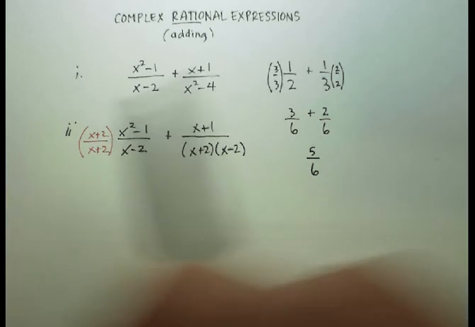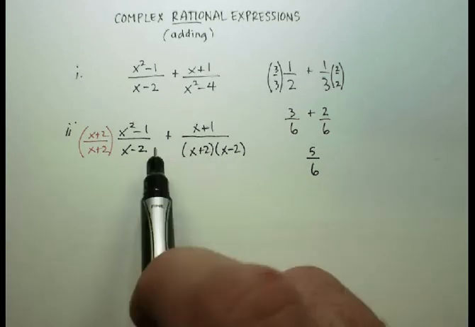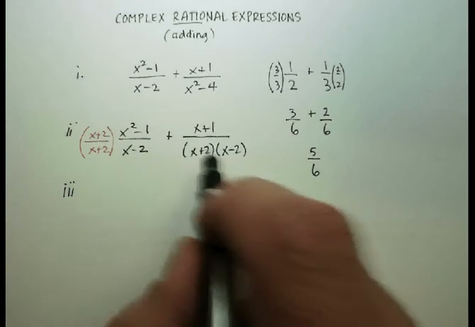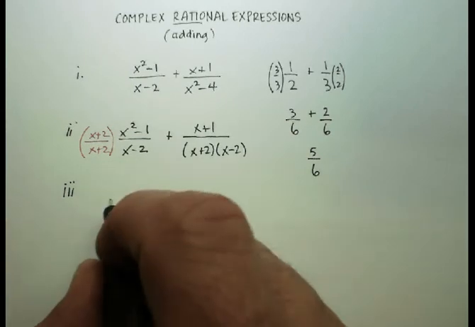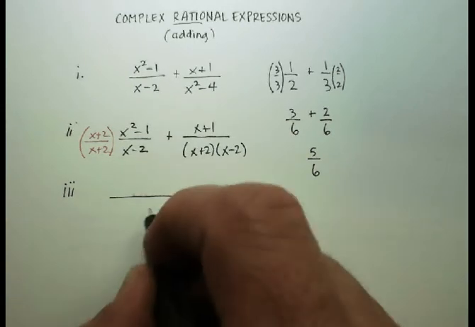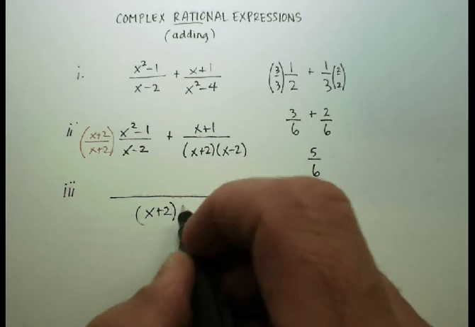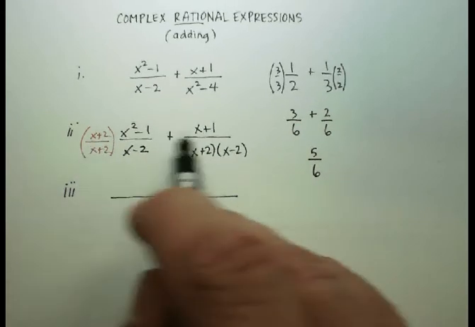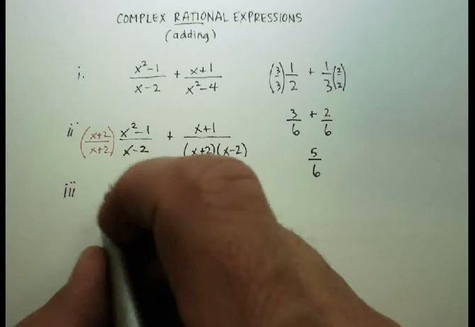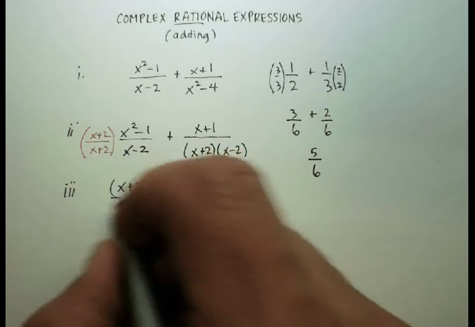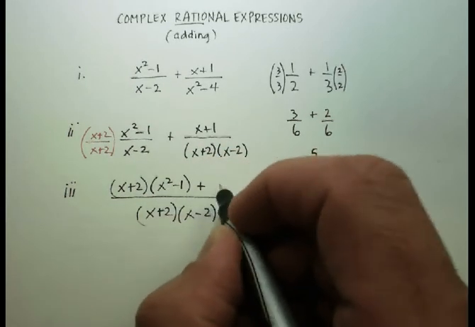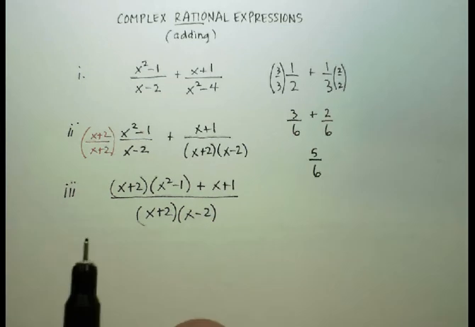So let's rewrite what I have here over the common denominator, just like we did over here. The common denominator is x plus 2, x minus 2. And then let me rewrite everything that's up here. I've got an x plus 2 times an x squared minus 1 plus an x plus 1.